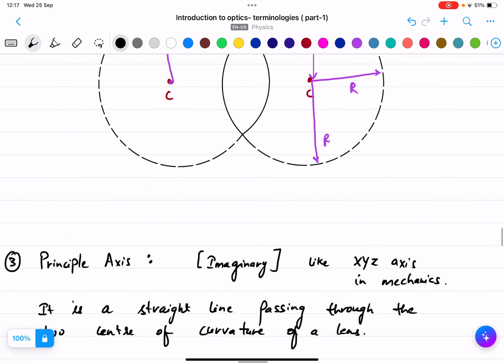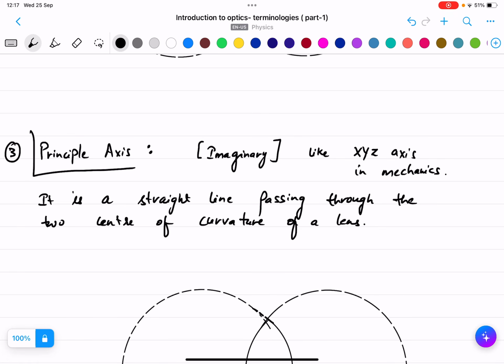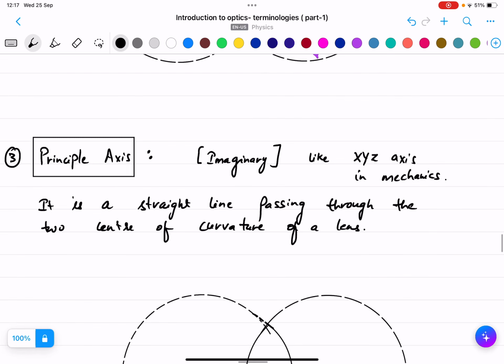Next is your principal axis. Now what is the principal axis? First of all, always remember principal axis is an imaginary axis. Like when we do mechanics, we do the x, y, z axis, right? X axis, y axis and z axis. These are imaginary axes.